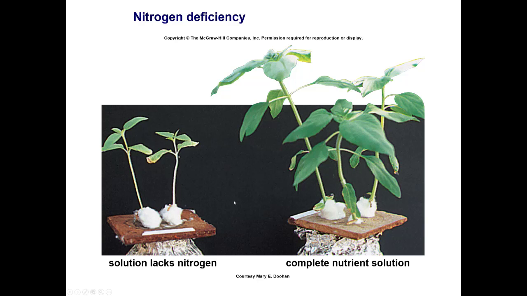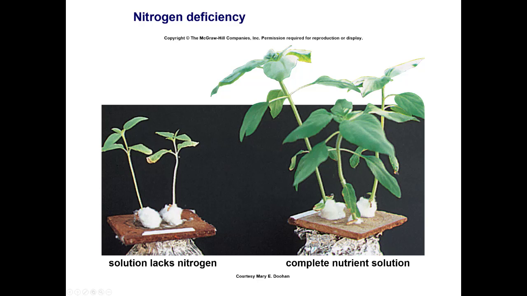These plants are the same age, but the one on the left has this yellowy outline of the leaves. The leaves are small, the stem is small. It is not a very good plant compared to the one on the right.